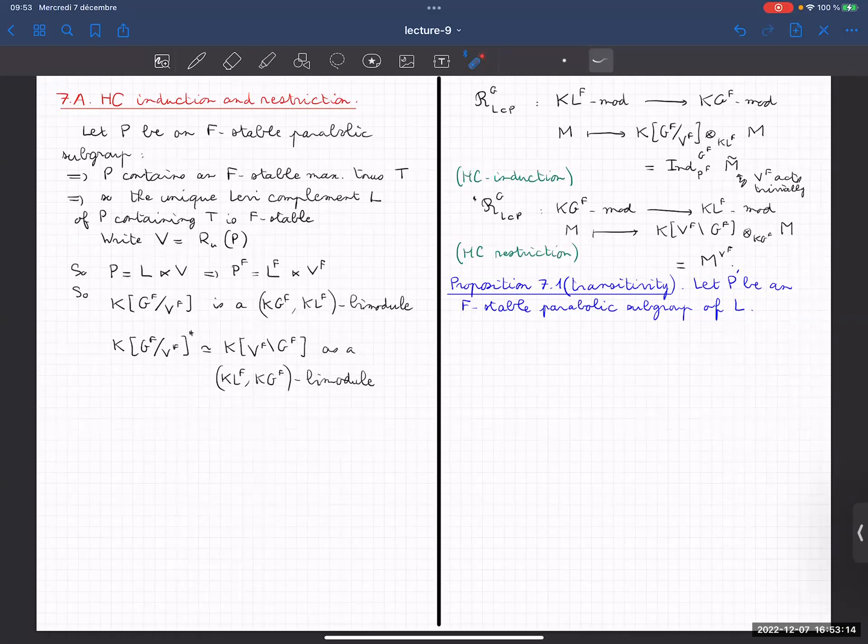And so I start with an F-stable parabolic subgroup of L, and it admits again an F-stable Levi complement. Let L prime be an F-stable Levi complement. Then we set V prime to be the unipotent radical of P prime.